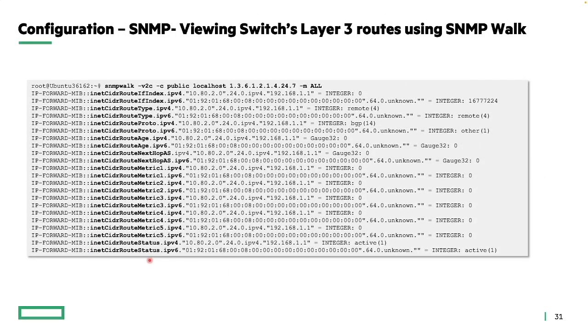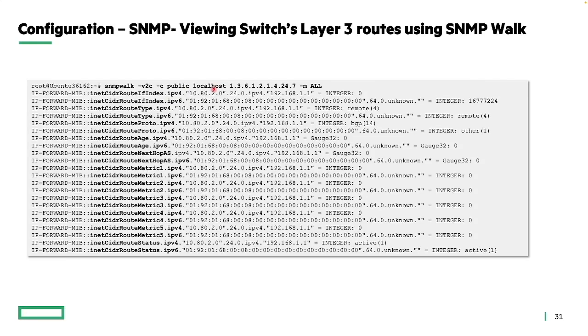Viewing switch layer 3 routes using SNMP walk, right? I'm just trying to show how you can do a walk through the CLI from an Ubuntu server. You just use this command, snmpwalk, with -v2c and -c community, which is public.